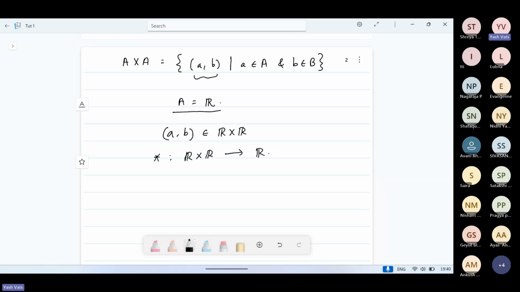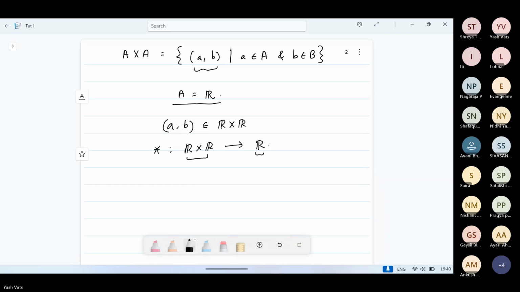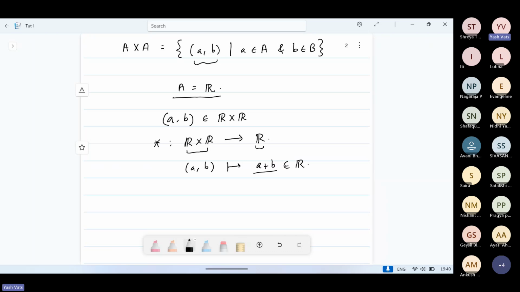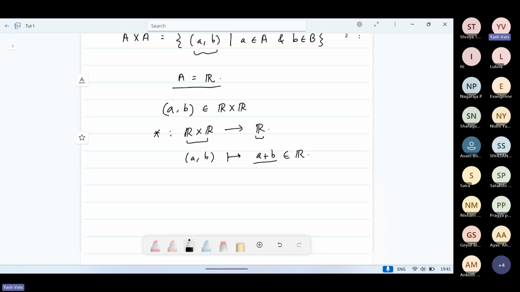You have an element from R cross R and it lands in R. So we can take (a, b) and transfer it to a plus b, which is in R. So this is one sort of binary operation. And similarly, you can define other binary operations. The main point is that a binary operation is just a mapping from elements of R cross R to R, or any set A cross A to A.